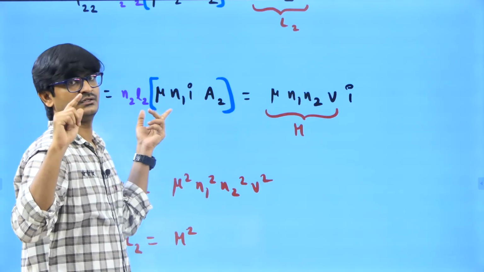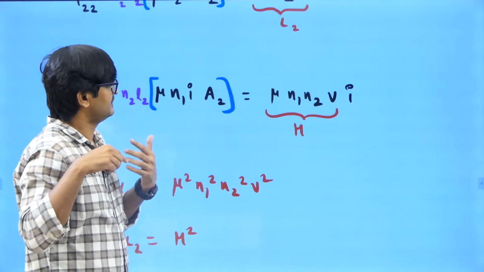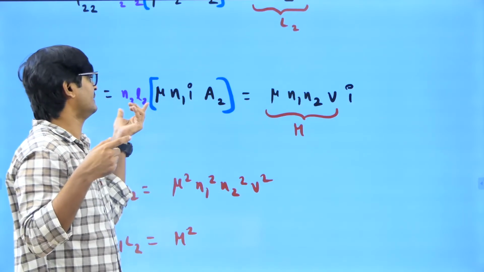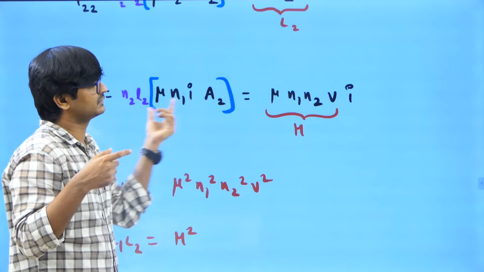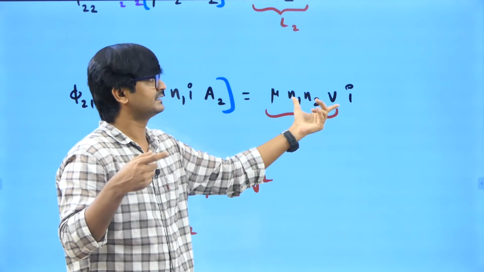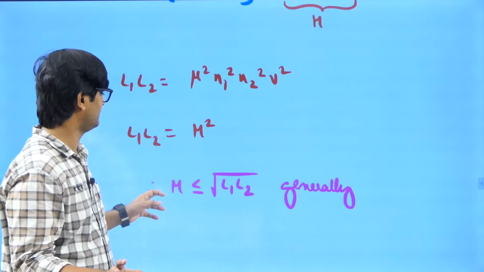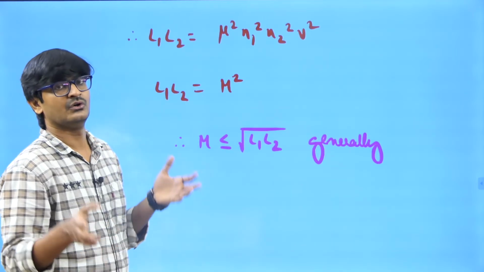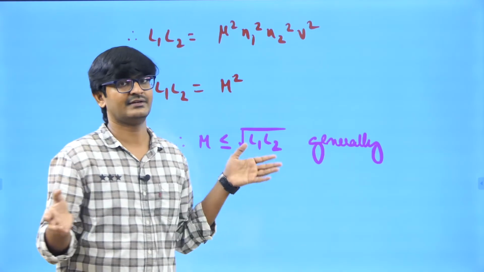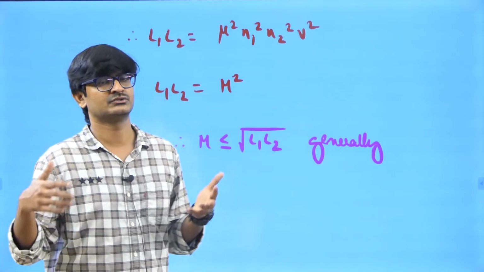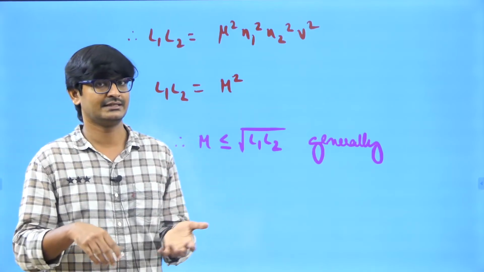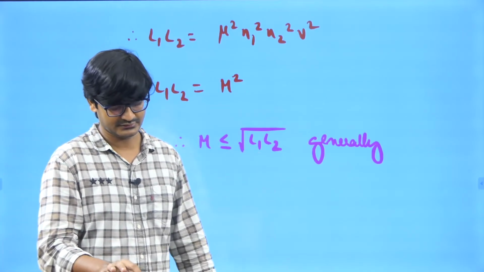But this is for only one round. So how many such rounds are there? N2 into L. So this is the mutual inductance. When you get the relation, it is going to be L1 L2 equal to M squared, or M equal to root of L1 L2. M became equal to root of L1 L2 when you place one on another. So in all the other cases it has to be less than root of L1 L2.